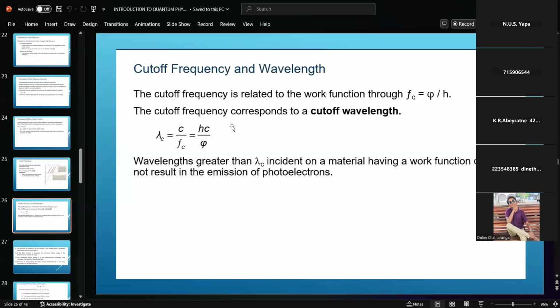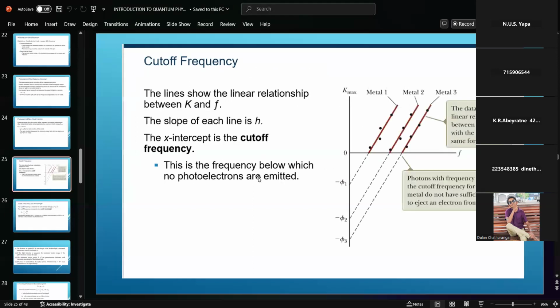The cutoff frequency corresponds to the cutoff wavelength. Then lambda c equals c over fc, which is hc over phi naught. Wavelengths greater than lambda c, incident on a material having a work function phi, do not result in the emission of photoelectrons, because below the cutoff frequency no photoelectrons are emitted.